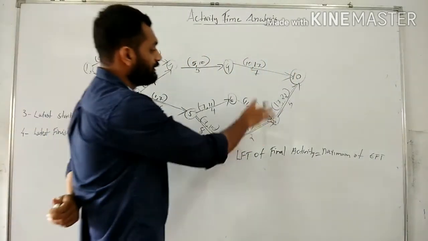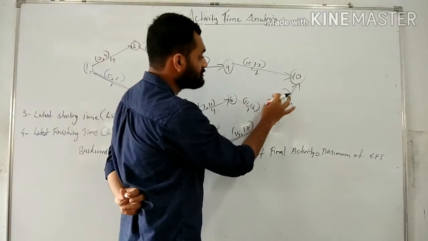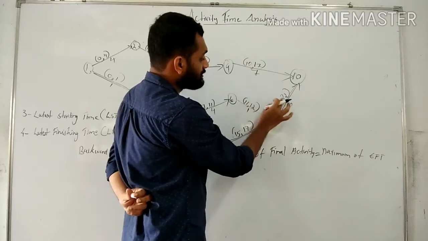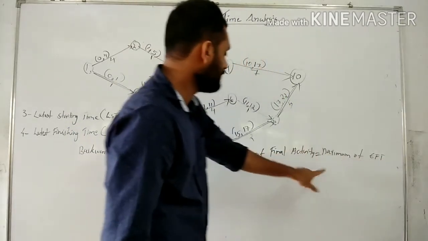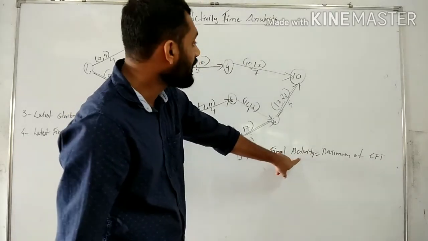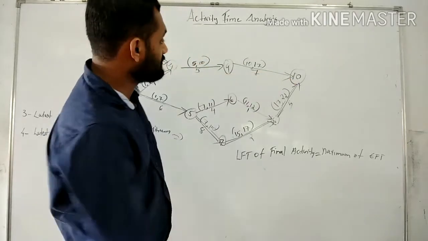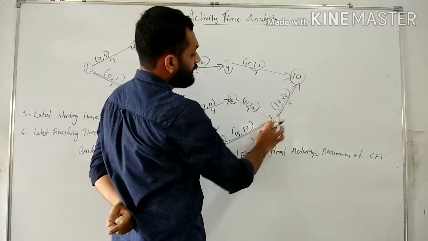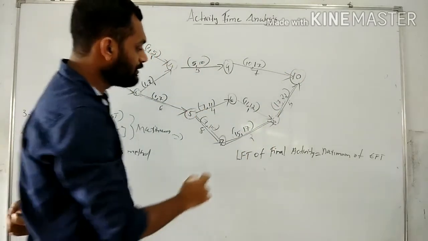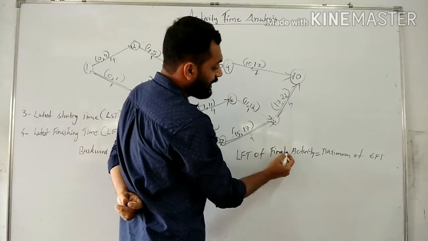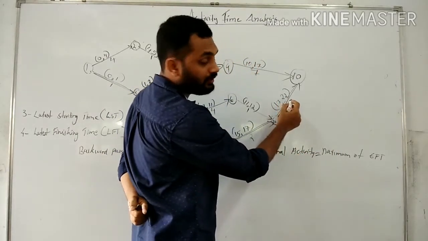In this calculation we know the maximum value of EFT is 22. The maximum of EFT is the LFT of the final activity. We have two final activities, 9 to 10 and 8 to 10. Both are final activities of this network diagram. So the LFT of the final activity is equal to the maximum of EFT, which is 22.